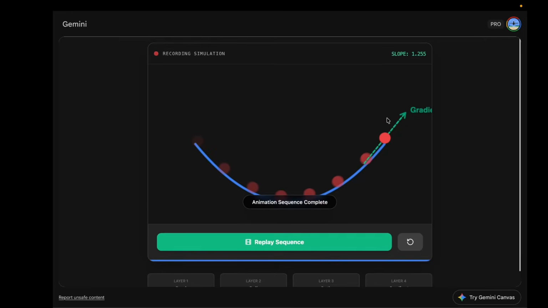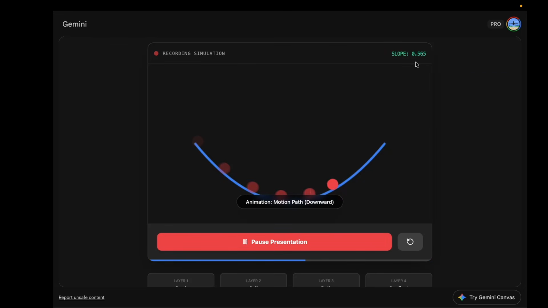You can also see that if we replay this sequence, you see the slope increases repeatedly. If we replay this, at this point the slope is 0, and there the slope is increased repeatedly.